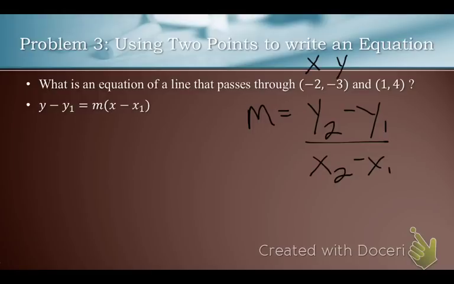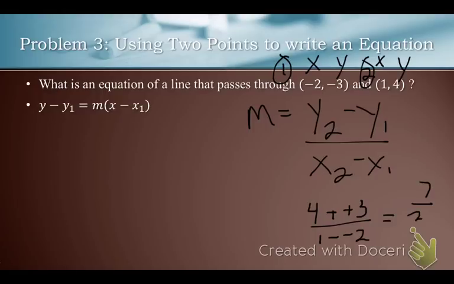This is x, y, and again, it doesn't matter which one's 1 and 2, it's just important for consistency's purposes. So I've got 4 minus -3 over 1 minus -2, and it turns into 7 over 3. So my slope in this particular situation is 7 over 3.